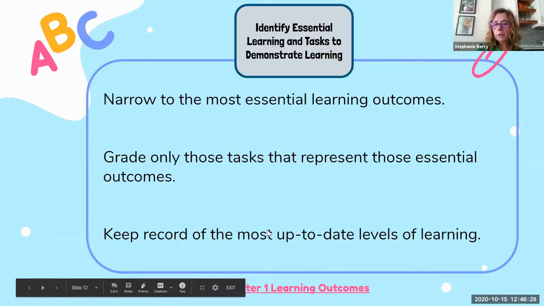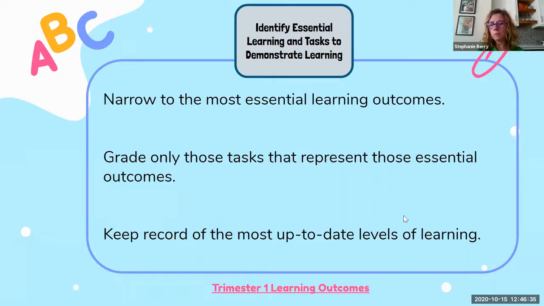And then I'm going to keep record of the most up-to-date levels of learning. So for instance, if I'm a kindergarten teacher and I know that my expectation is that there are 40 of the 52 letters that I want my students to identify by the end of trimester 1, then I'm going to set that expectation and check in with my students. They're going to get a 1, 2, 3, or 4 for the letters they've learned.